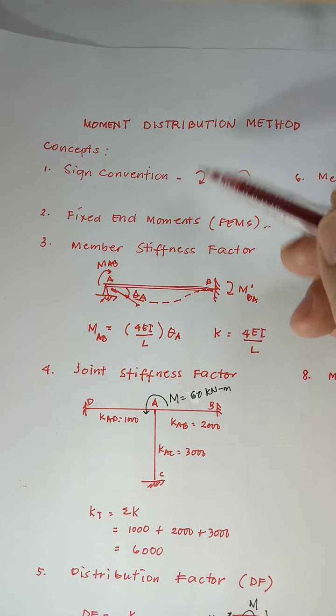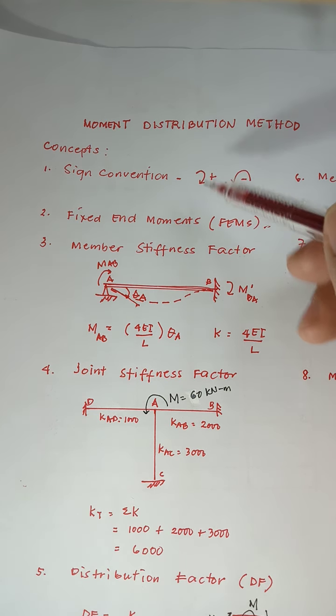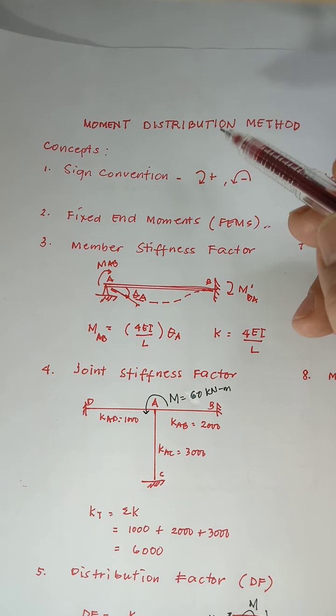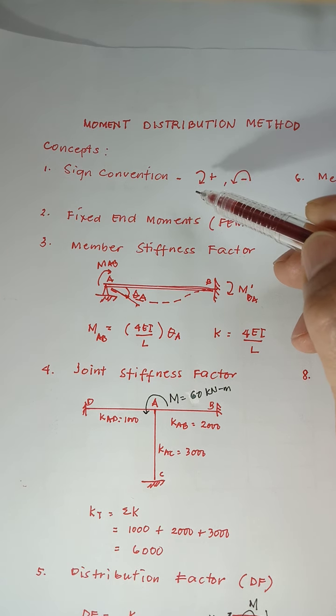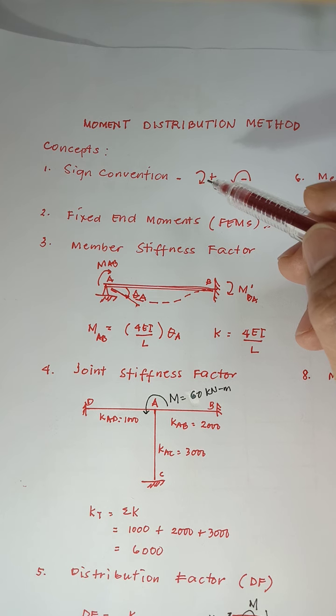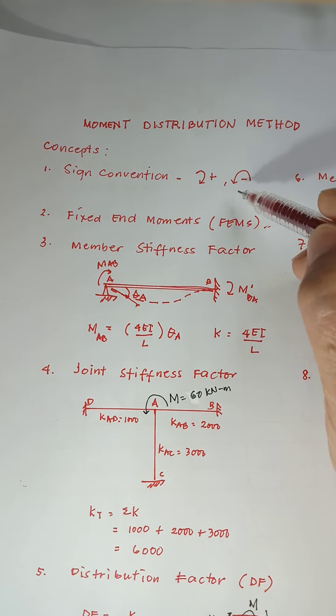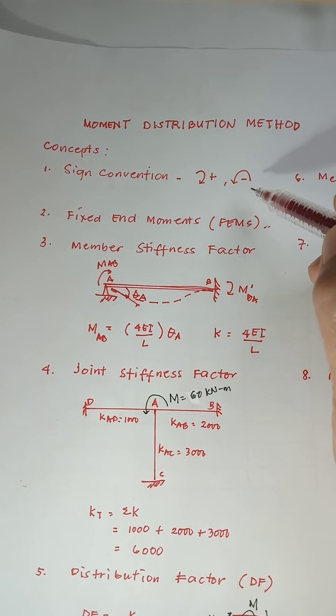The sign convention for this method is the same sign convention that we use in the slope deflection equation. Clockwise moment that acts on the member is considered positive, whereas counterclockwise moment is negative.